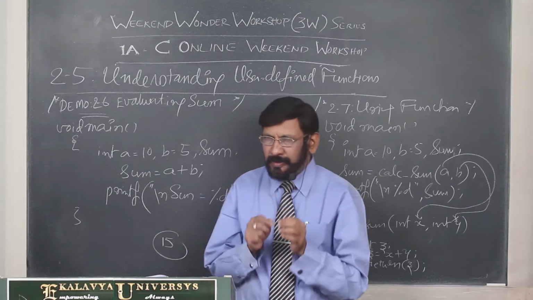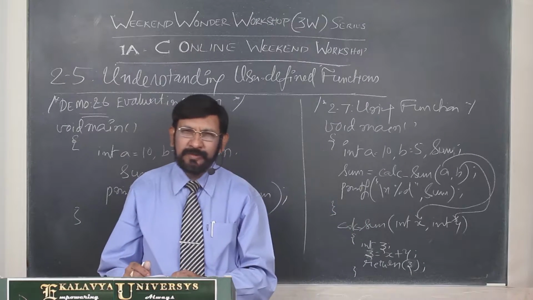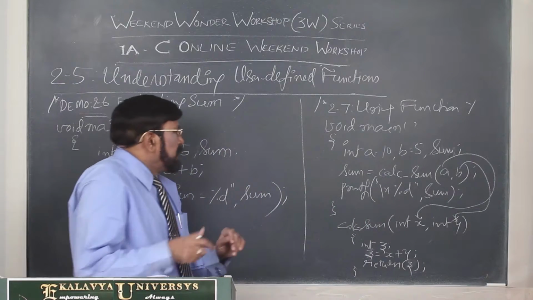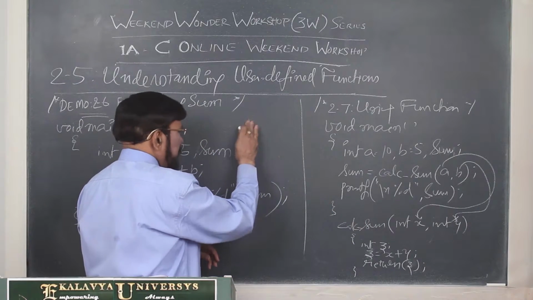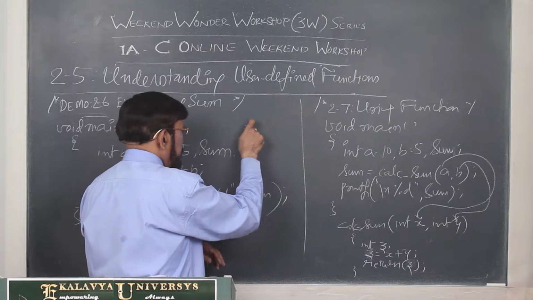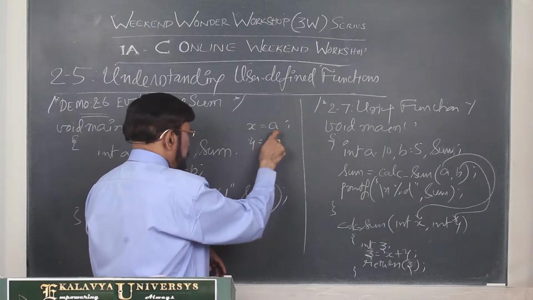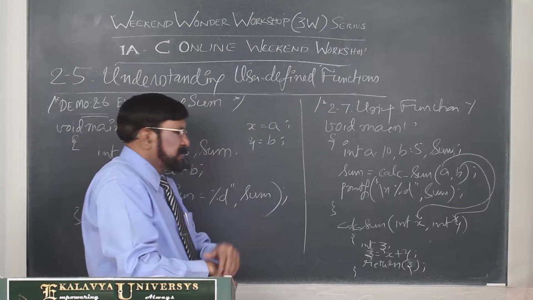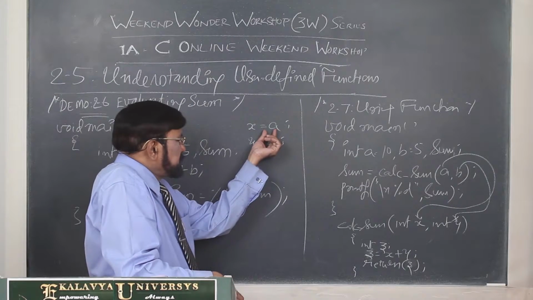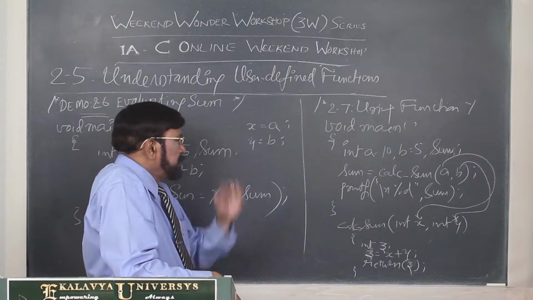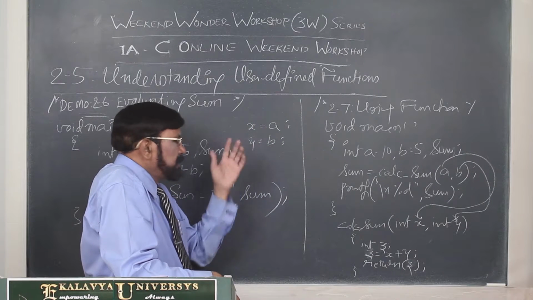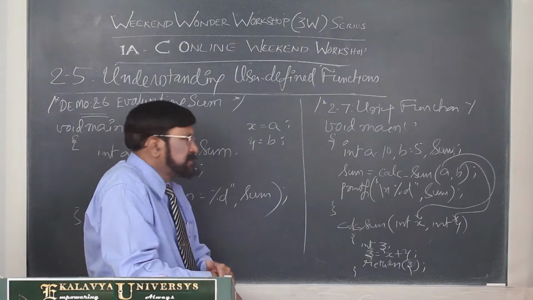Now in this context I will tell you why people are confused. Actually, whenever you write this type of argument, x is equal to a, y is equal to b, these are assignment statements. A's value is copied into x, b's value is copied into y. Nobody gets a doubt.